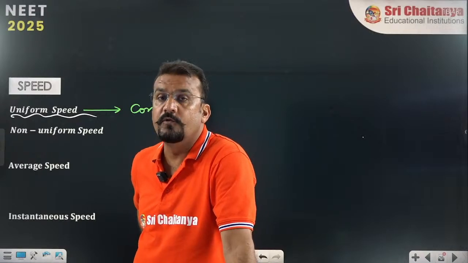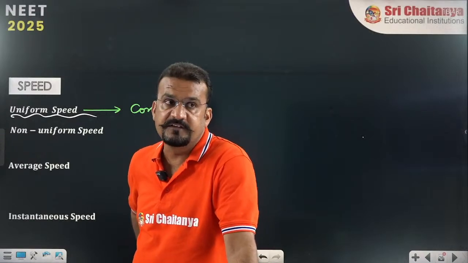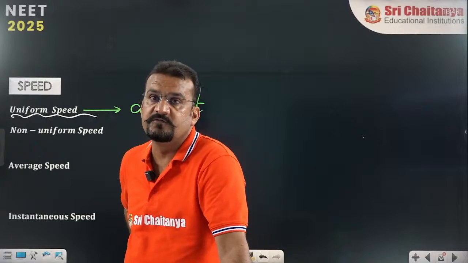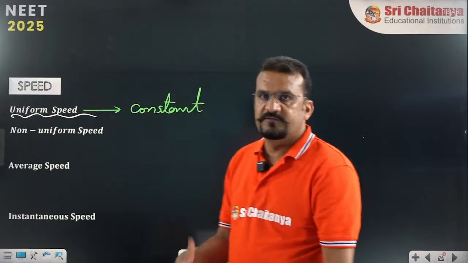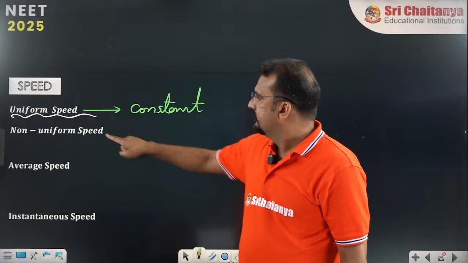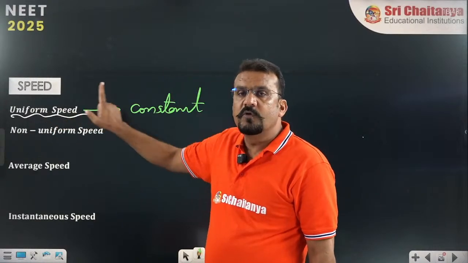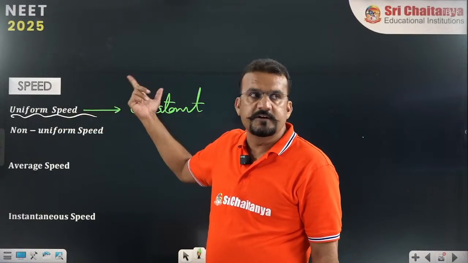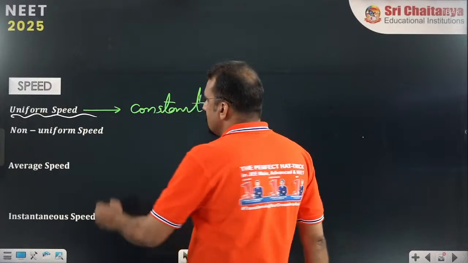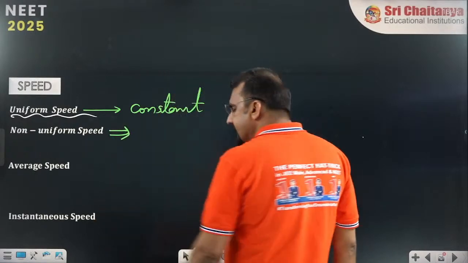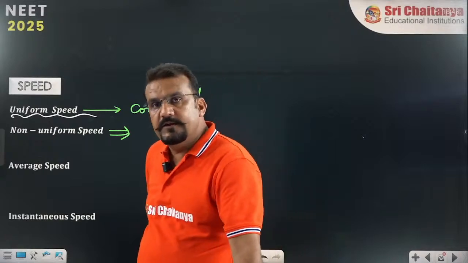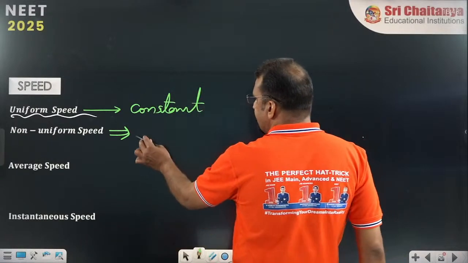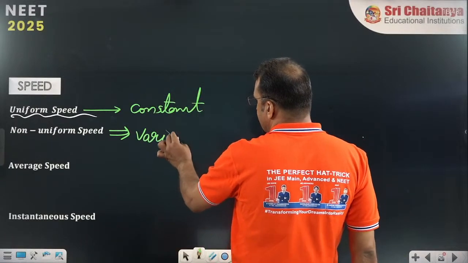Remember this. Sometimes you may get confused by this word. Non-uniform means variable. What is non-uniform speed? Unequal distance covered in equal intervals of time. That means you can say variable.